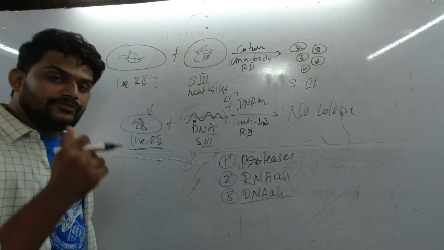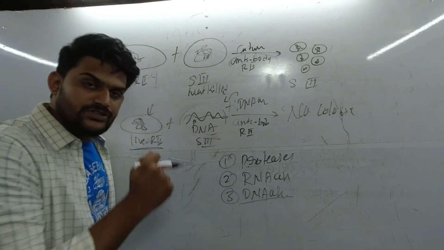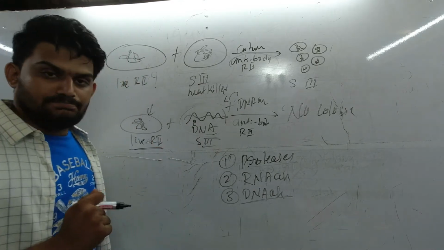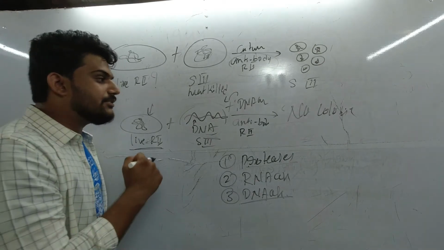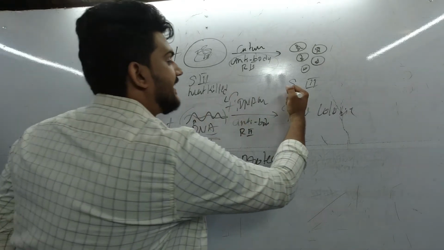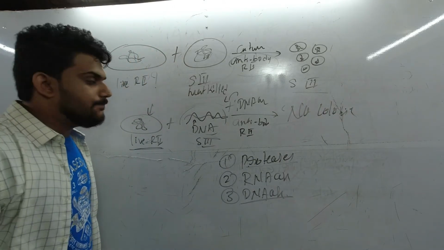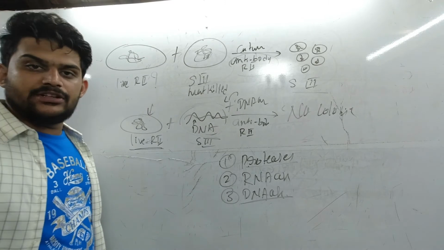That confirmed that the DNA of the S3 strain, which caused the pneumonia disease, was responsible for the transformation of the live R2 strain into the S3 type of bacteria, which caused pneumonia.